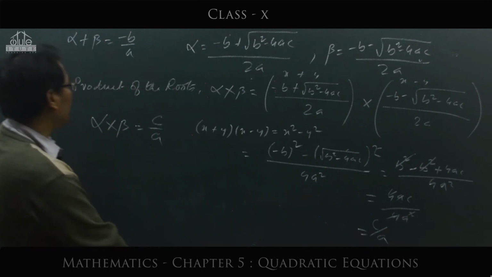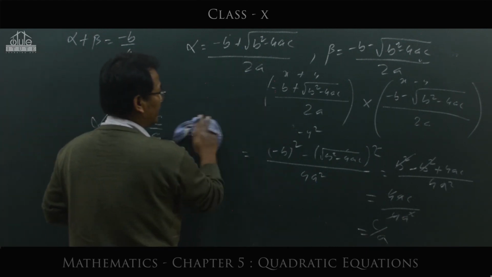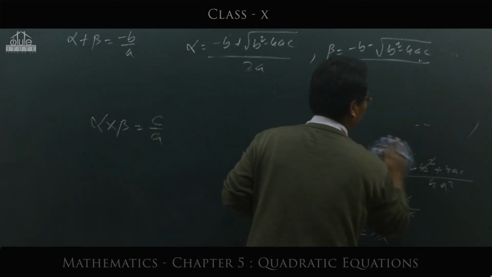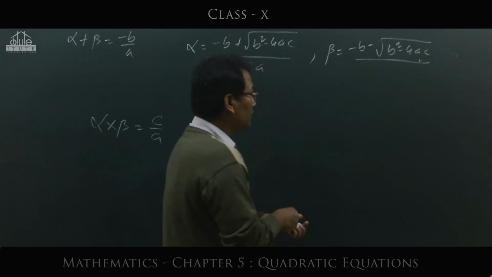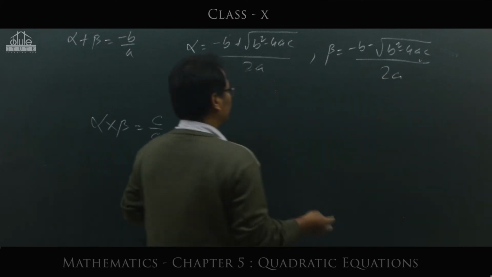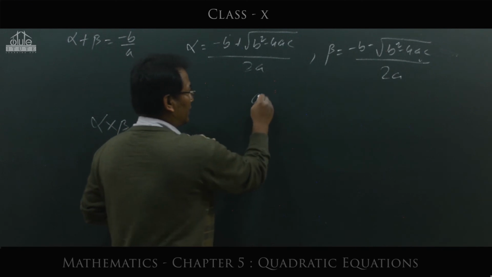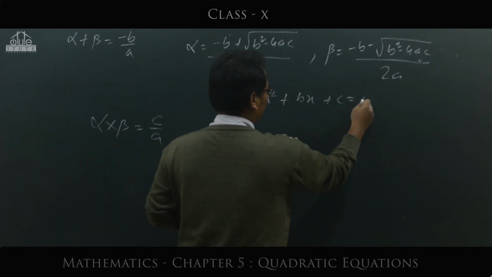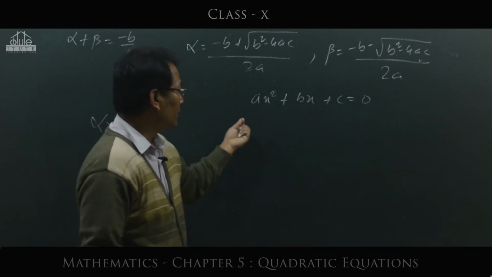So how do I use the product of the roots and sum of the roots to express our quadratic equation? So the general expression of our quadratic equation is ax square plus bx plus c equal to 0. Now what do I do? I divide throughout the terms by a.